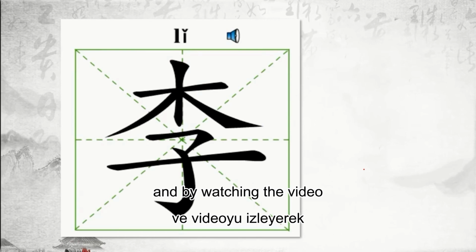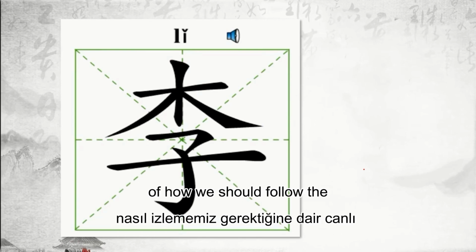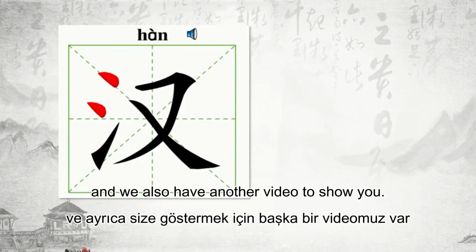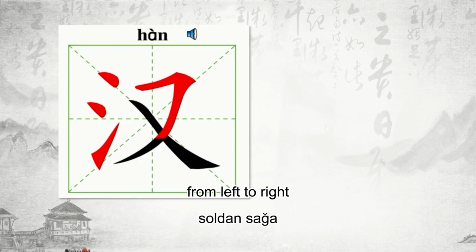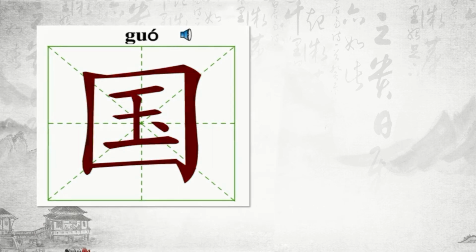And by watching the video, you can have a vivid impression of how we should follow the stroke order to write characters. And we also have another video to show you from left to right, and how we should write from outside to inside.